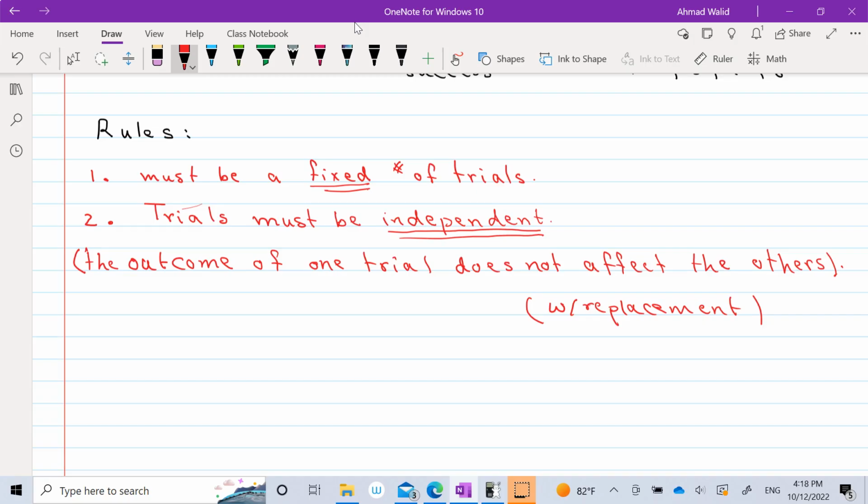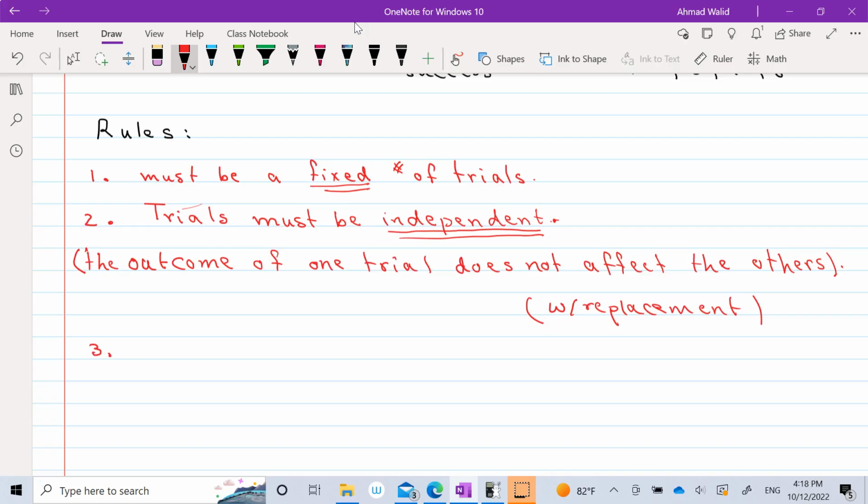It doesn't change the probability of the others, correct? The word with replacement means put it back. Rule number 2 is talking about independent: the outcome of one trial does not affect the others.